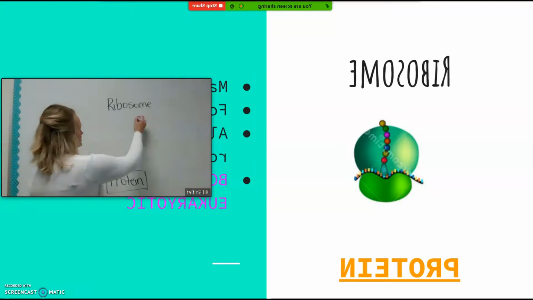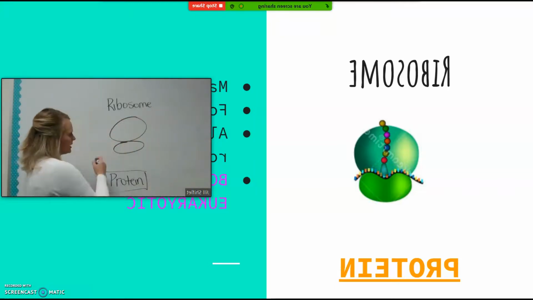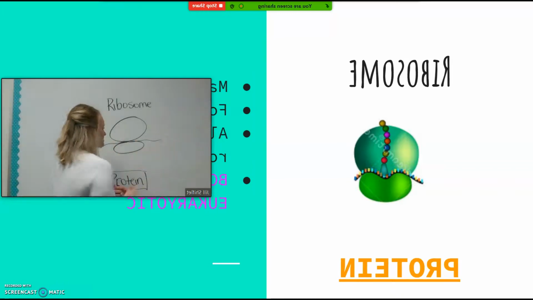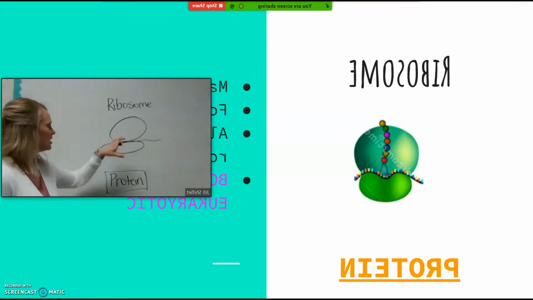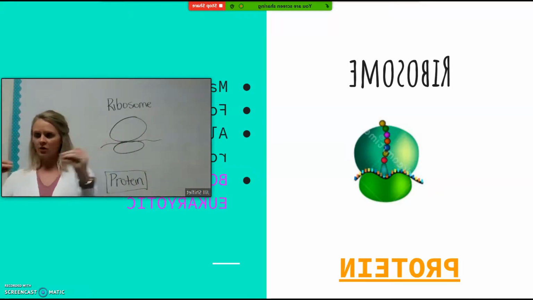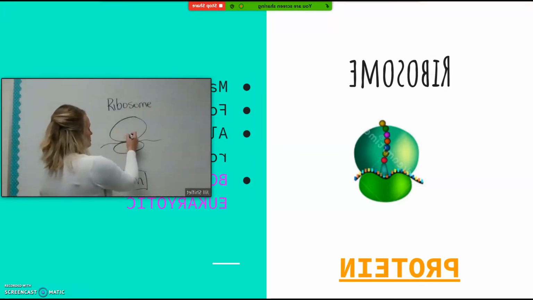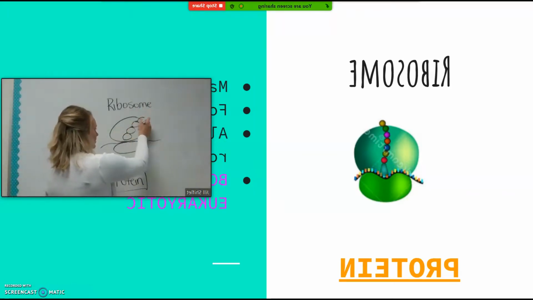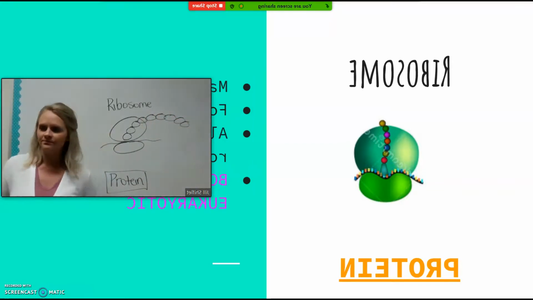All cells have ribosomes. Ribosomes have these two parts to them. And in between the two parts, there's this string of code. It's a code that tells what order the amino acids need to be in to make the correct proteins. So as this strand of code goes through the ribosome, it tells it what order, and then the ribosome goes and pulls in the correct amino acids and puts them together in a big long chain.